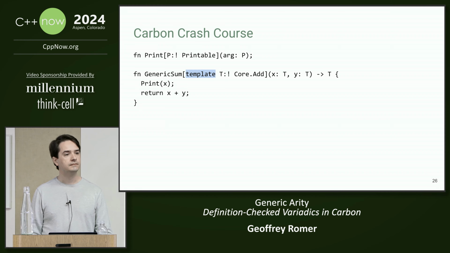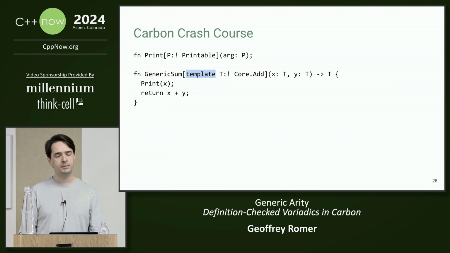Sorry, one last thing. If we had a T and a U, if we only added template to T, but constrained U to be core addable, do we still check usage? To the extent we can, I believe so, yes.